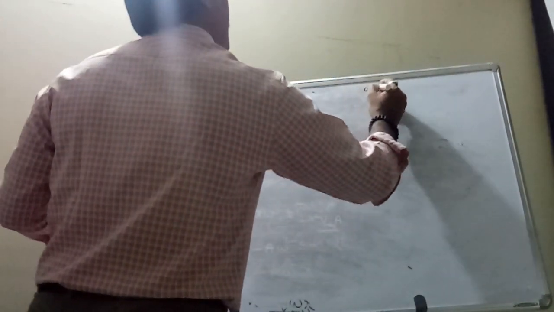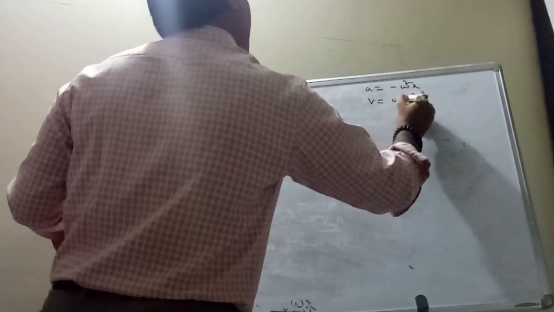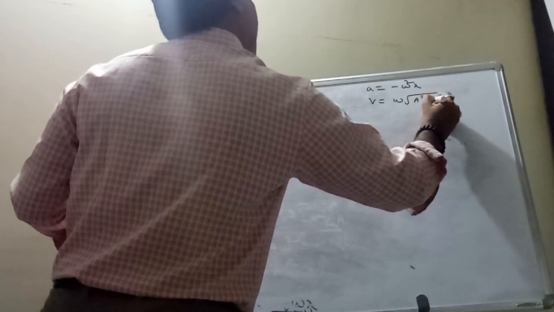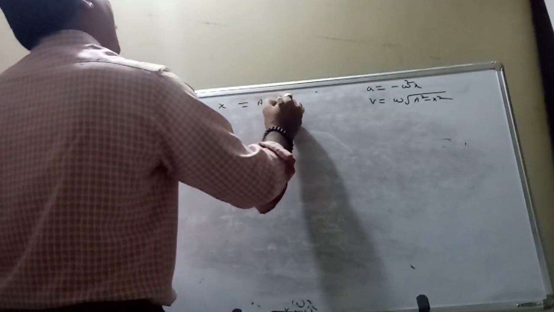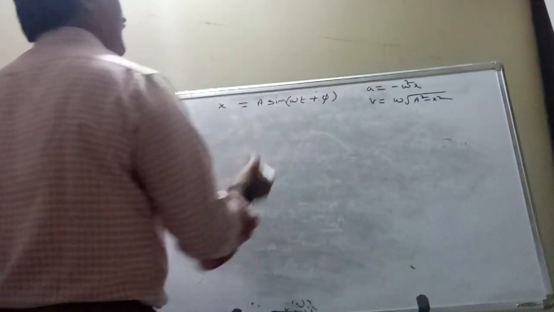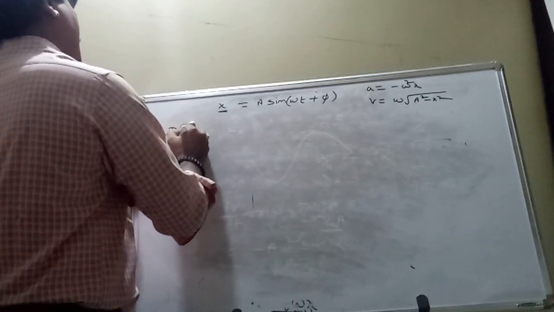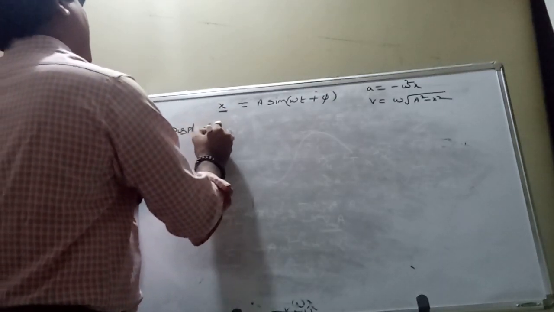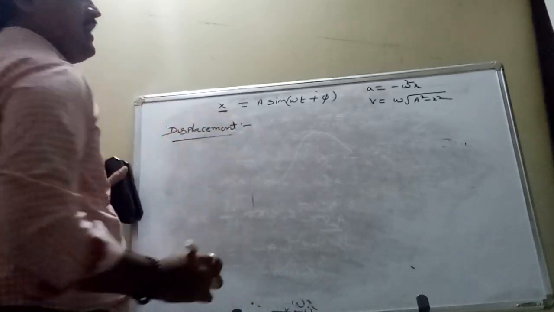So a = −ω²x, and velocity v = ω√(a² − x²). So x = a sin(ωt + φ) is the equation, where x is the displacement. What is the displacement?